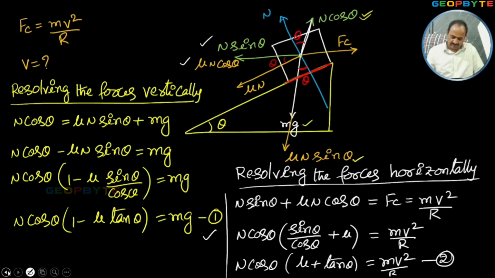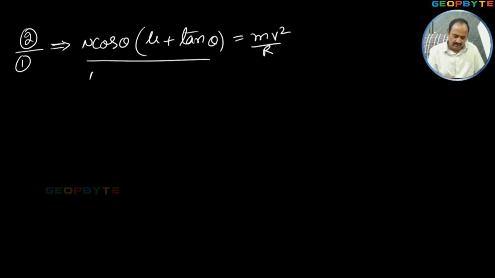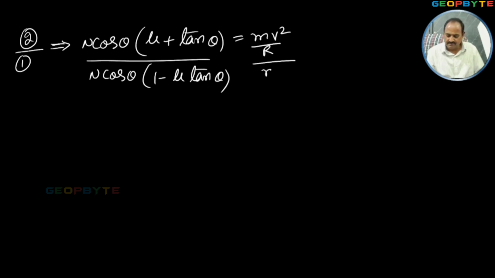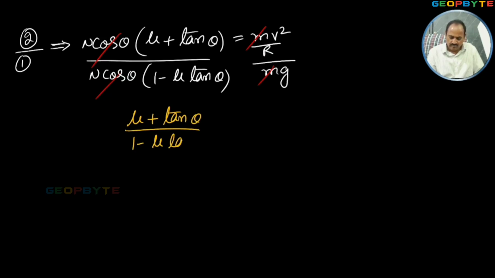Similarly, relation 1 is N cos theta into (1 minus mu tan theta) equal to self weight mg. Now let us simplify it. N cos theta cancels, and m also cancels. Finally it is (mu plus tan theta) by (1 minus mu tan theta) equal to v square by rg.